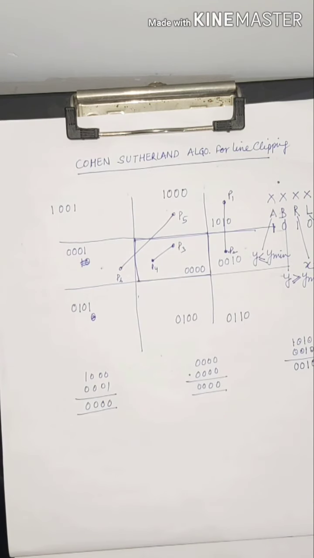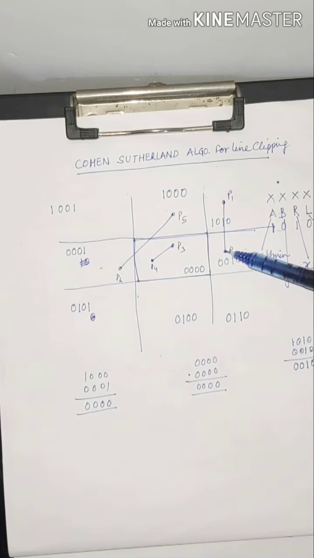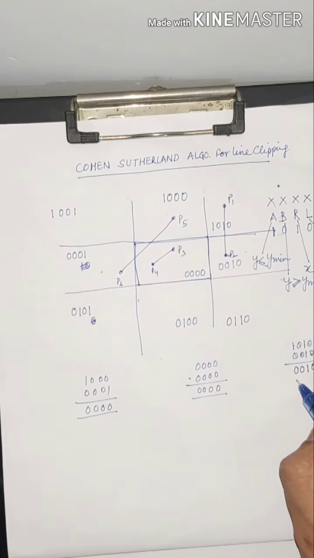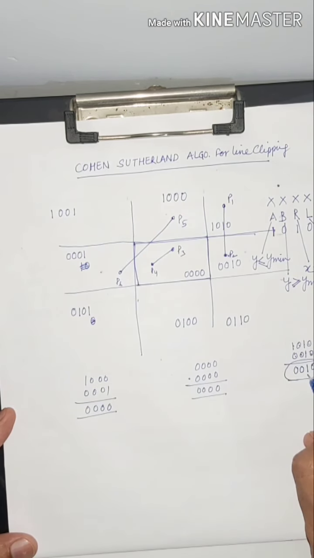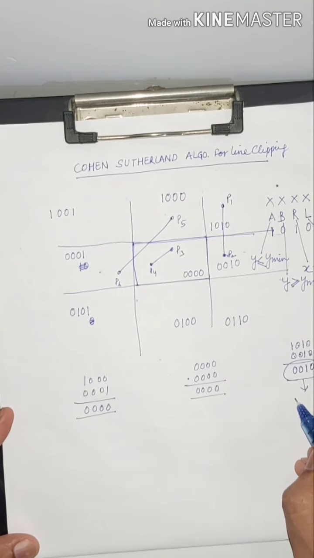Now we categorize it. First of all, we bifurcate: a line having 2 extreme points in regions such that their bitwise ANDing is non-zero, if there is at least one 1, it may be 2, then this means that you are to reject it.